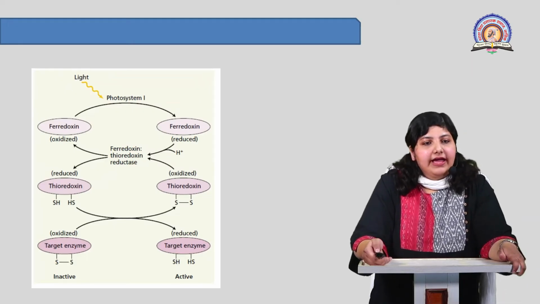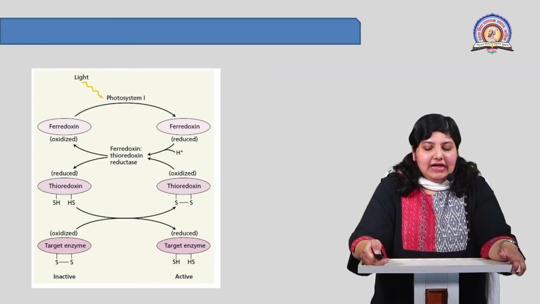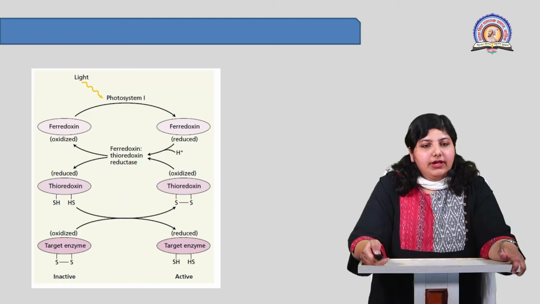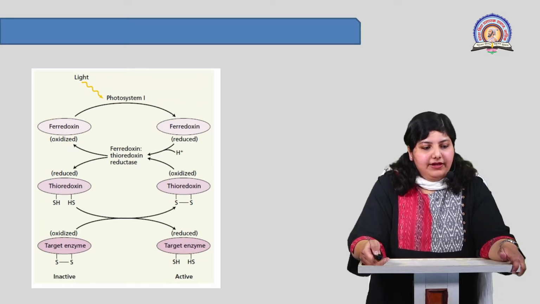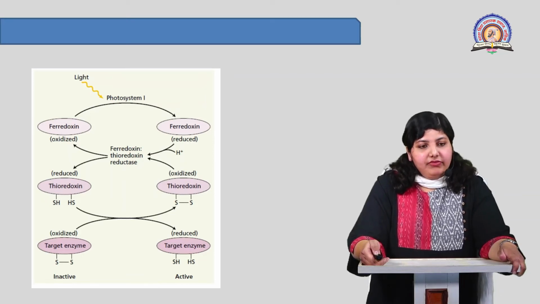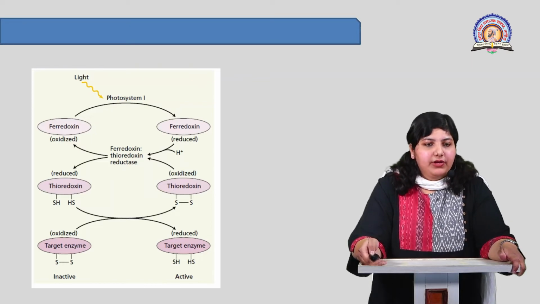You can see in the diagram how this mechanism takes place. During daytime in photosystem 1, we have the cyclic photophosphorylation. That is a light dependent phase. So during daytime, when photosystem 1 absorbs light, the ferredoxin, which is in the oxidized stage, becomes reduced.